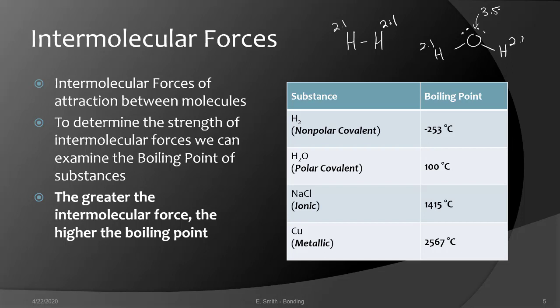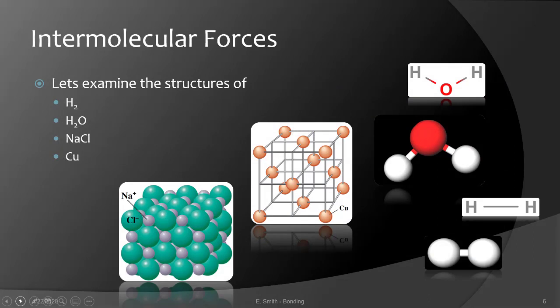So here's the thing. Boiling point gives us an idea of how strong the forces are between the molecules. How strong it is, right? And yes, we can make some predictions if we look at their structures. Okay, we examined water already. We examined hydrogen already. But look at copper and look at sodium chloride.